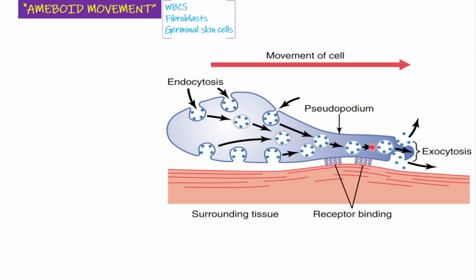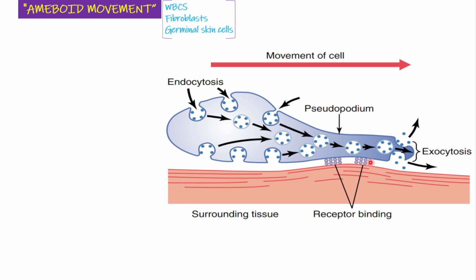And the other point is, whenever this endocytotic vesicle is fused with the other side of the cell, there are also receptors inside the vesicle. These receptors are being exocytosed, and these receptors will attach to the surface on which the movement is taking place, and the whole cell will get attached to these receptors.